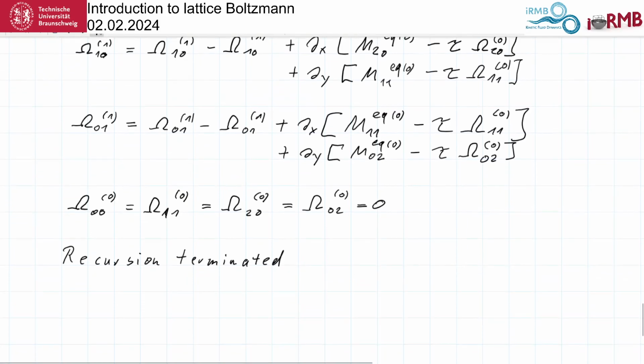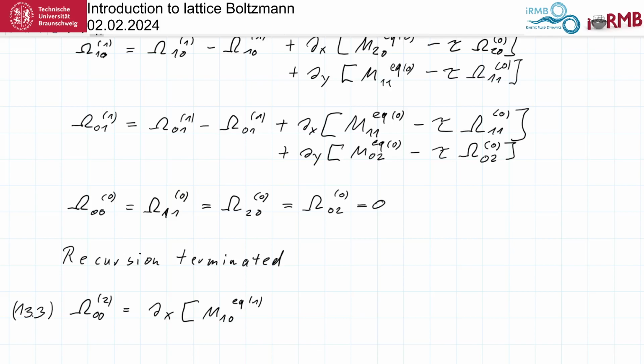So this leads to 13.3, where we have omega 0,0 to second order equal to dx m10 equilibrium first order minus tau dx m20 equilibrium plus dy m11 equilibrium. Wait, I forgot the order.